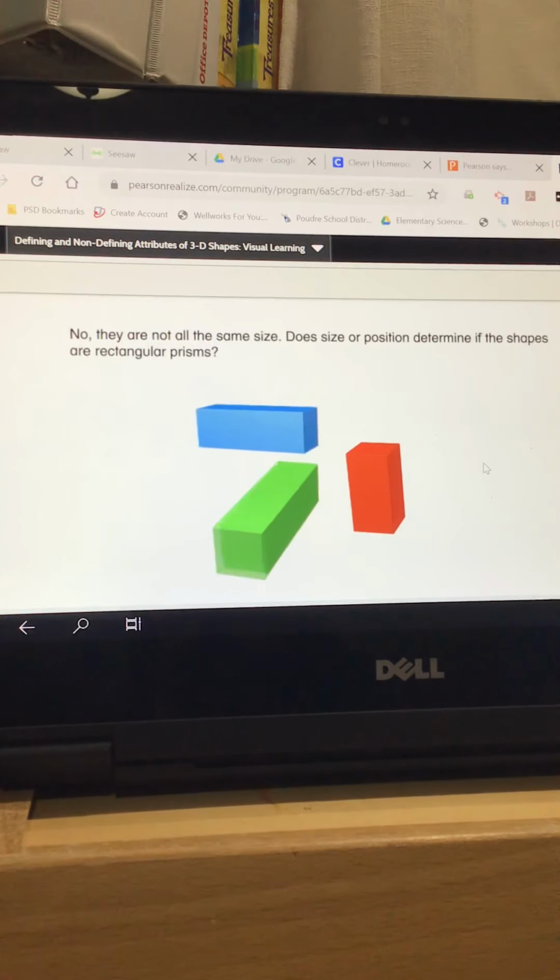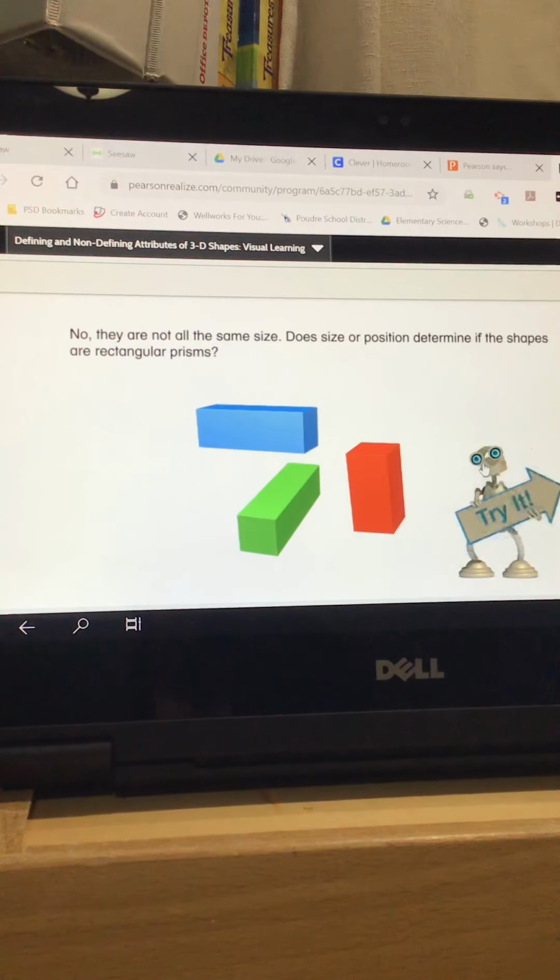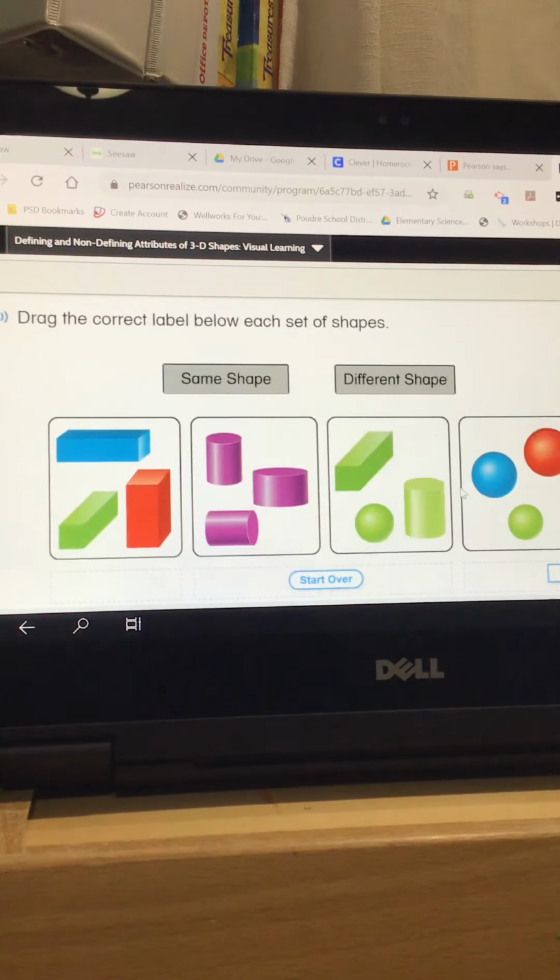No, they are not all the same size. Does size or position determine if the shapes are rectangular prisms?